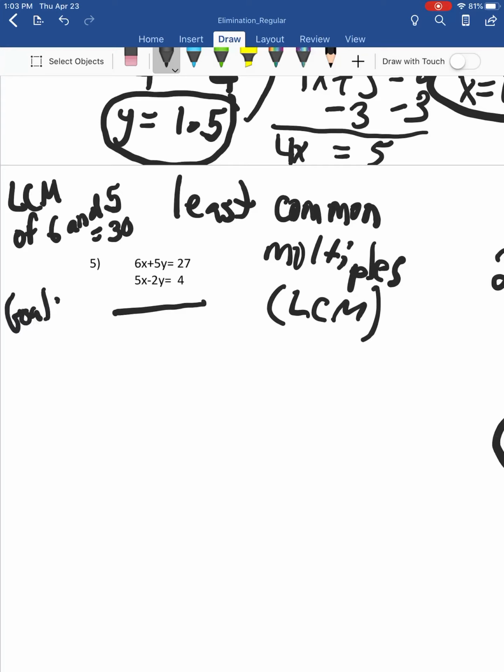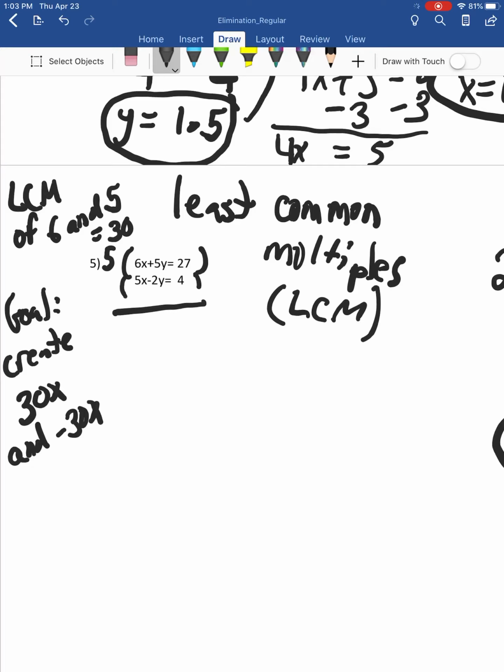Our goal here is going to be to create 30x and -30x. So on the top, I want to create a 30x. I'm going to need a times 5. On the bottom, I want a -30x. That's going to mean we're going to multiply the bottom by -6. So sometimes you have to multiply both equations.